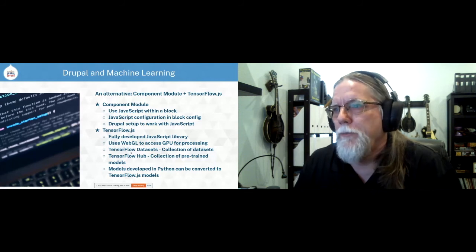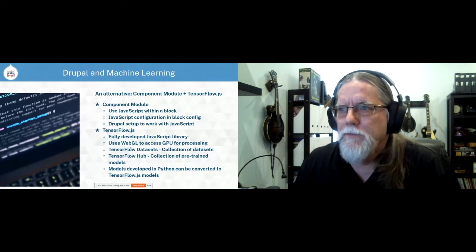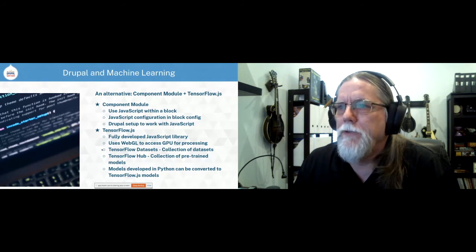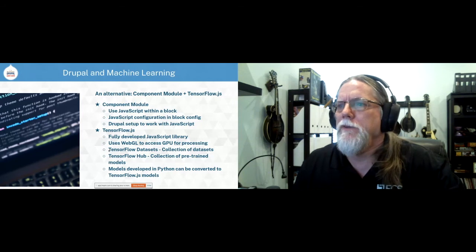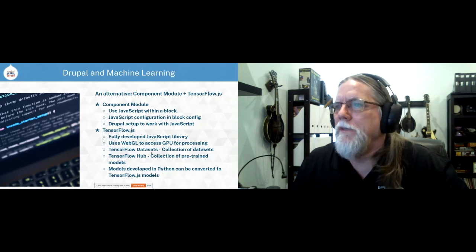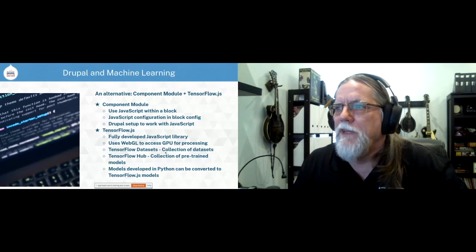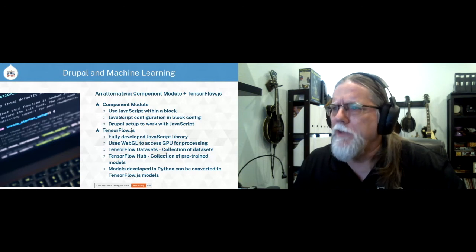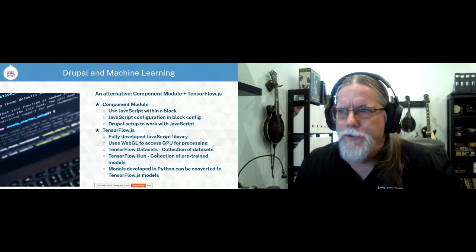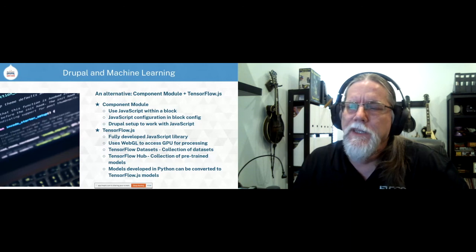TensorFlow is supported by Google, so they've put a lot of effort into it. And there's a good TensorFlow community, and there's a TensorFlow dataset, a collection of datasets that you can use. They're all set up to be pulled into TensorFlow very easily.